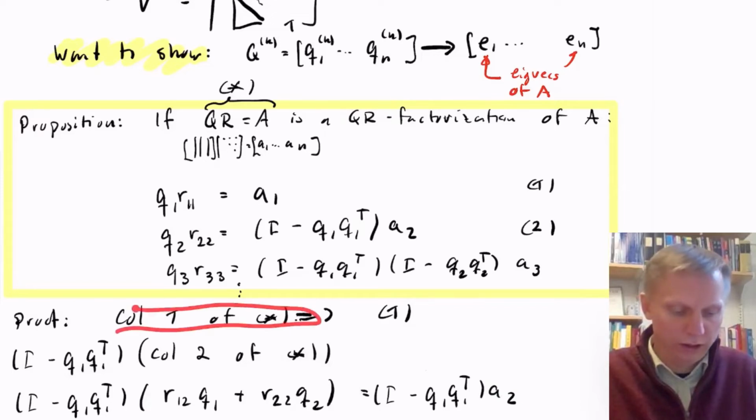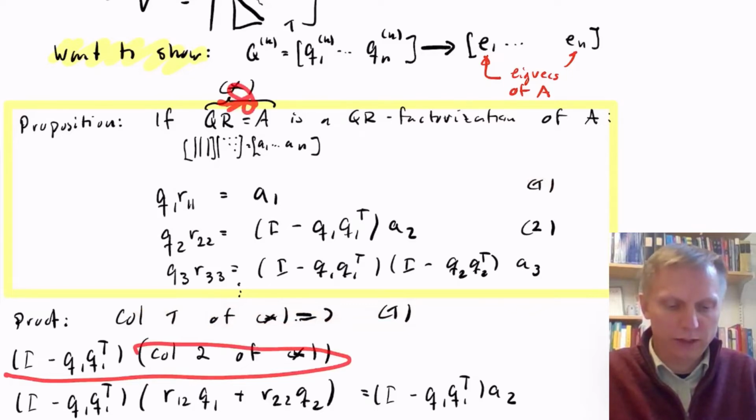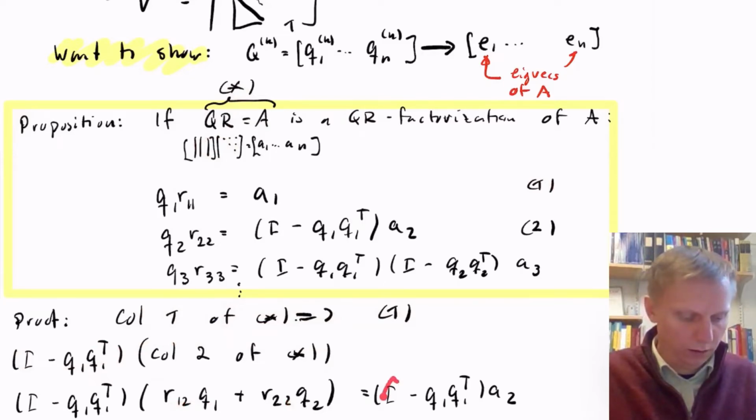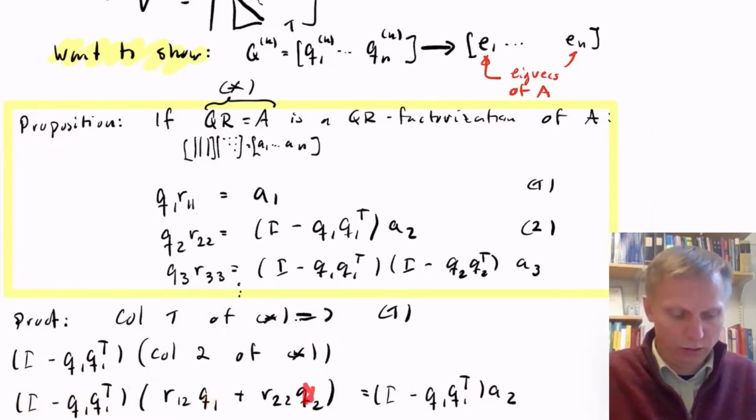Column 1 exactly implies equation 1. If we now take the second column of this star equation and multiply that by this spectral projector, the left-hand side, because it's a triangular matrix, just gives two terms involving Q1 and Q2, and the right-hand side is multiplied with the projector. The reason we are doing this is that this multiplication will eliminate Q1, so we'll only get Q2.